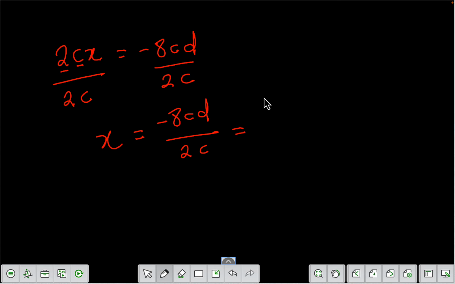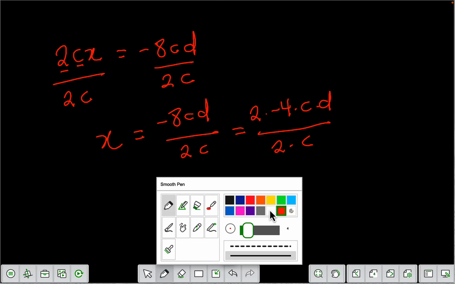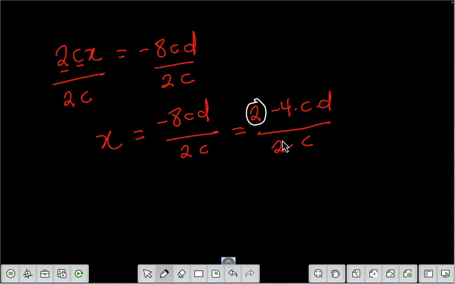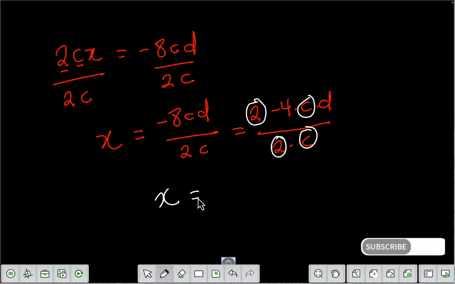Now this can be expressed as negative 8 being 2 times negative 4, and then we have c, and then we have d, and this is 2 times c. So you know what I mean by writing this, right? 2 can cancel 2, c can cancel c, so x is equal to negative 4d.